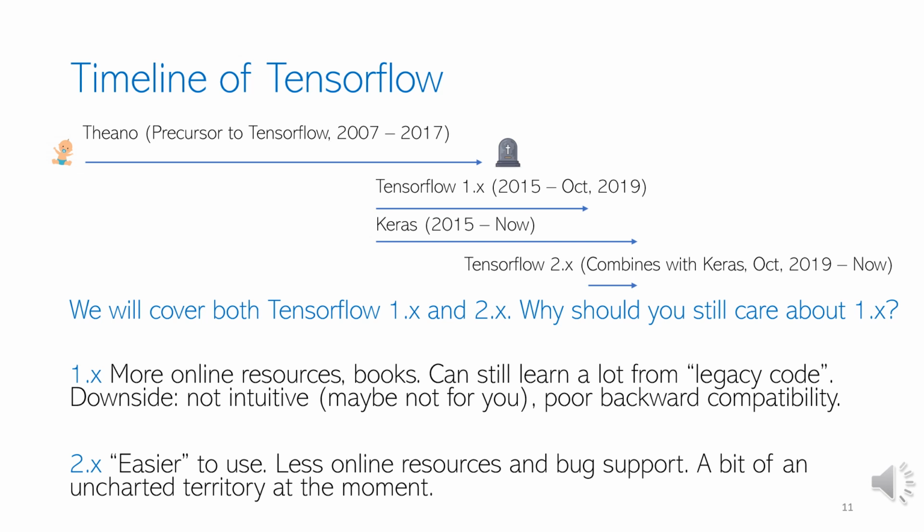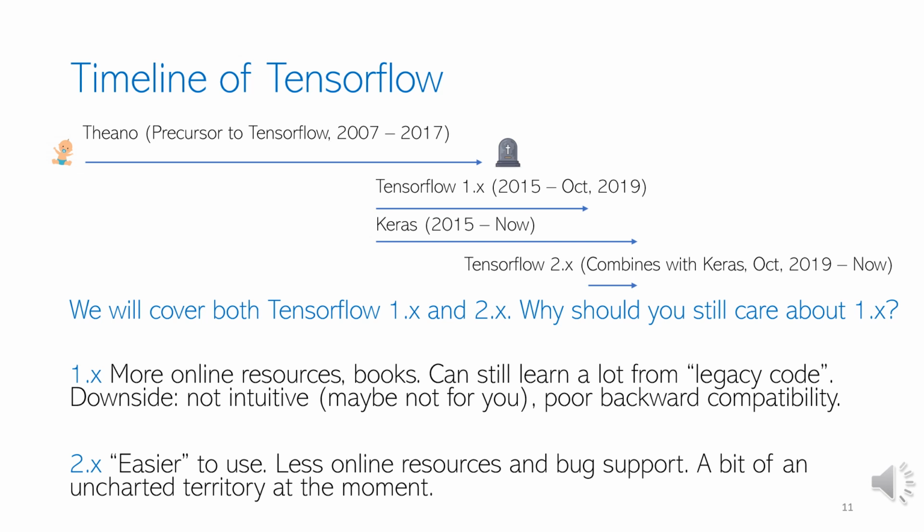So why should we care about TensorFlow version 1 now that we have maybe a better version? The answer is you still have extremely more online resources, books, and community support for TensorFlow version 1. And you can learn a lot from the lots of legacy code out there.